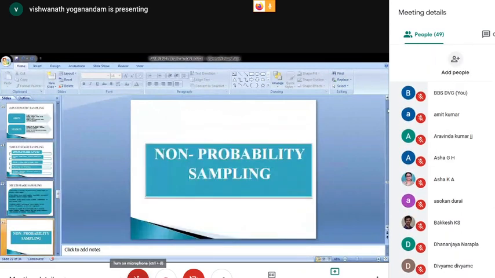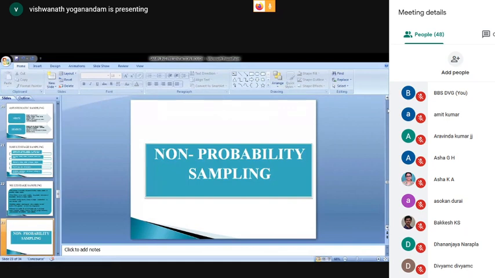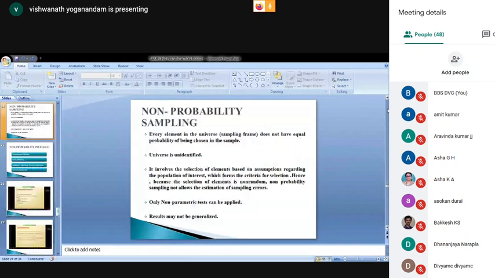So let me go to non-probability sampling. When you say non-probability sampling, we know that each unit will not have equal probability. So one person will get the answer. When you do that, it is called non-probability.